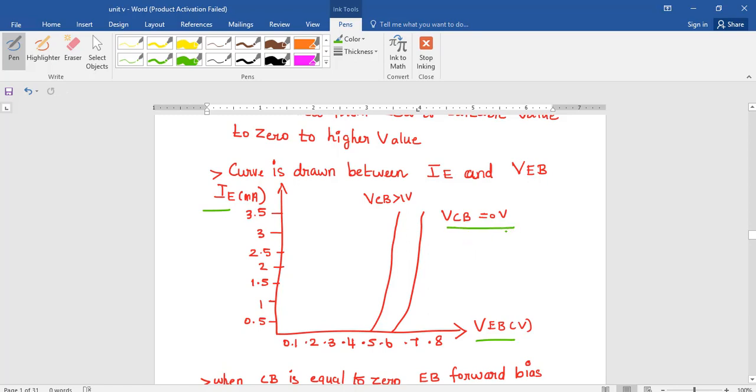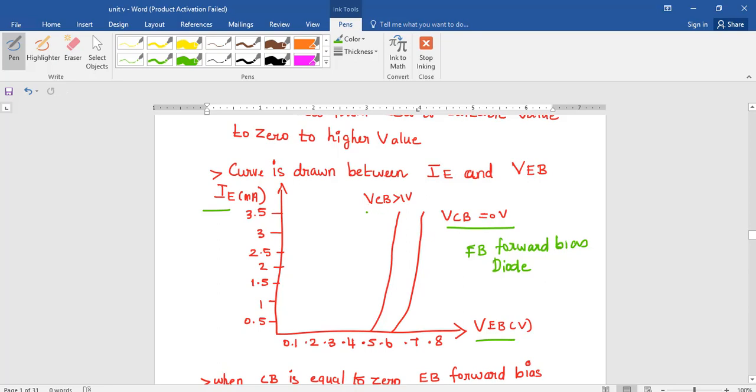When VCB is kept as 0, what will happen is the emitter base junction is forward bias, and hence it will behave as a diode, and for that, when the device turns on, for any change in input, the output will change.